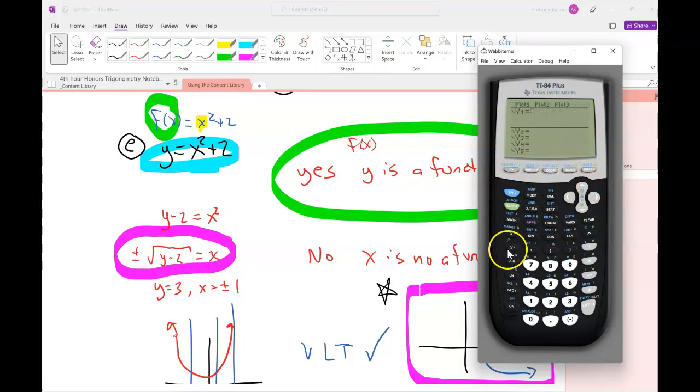I'd have to do one as square root of x minus 2, and then negative square root of x minus 2, because in function mode, our calculator can't graph anything that fails a vertical line test.